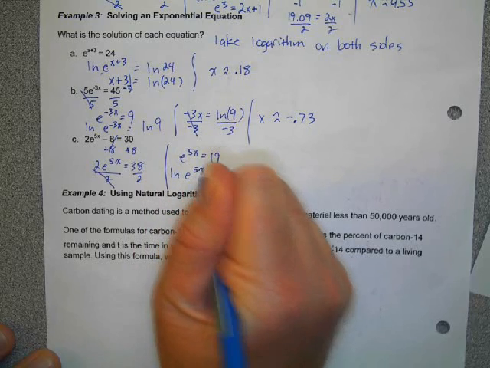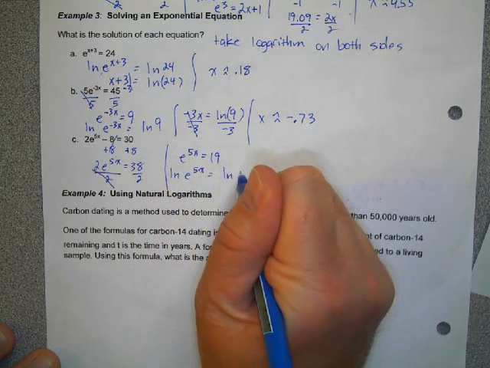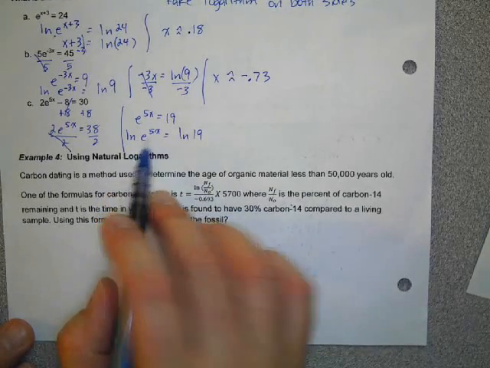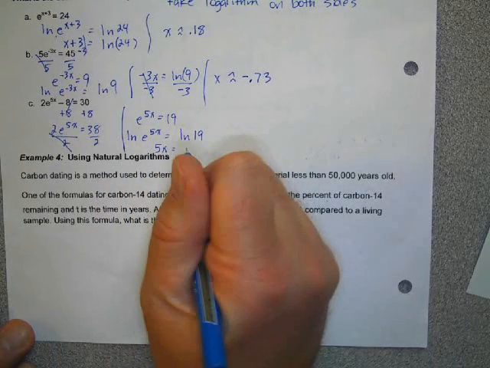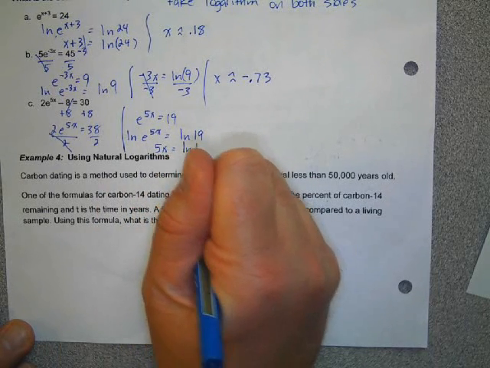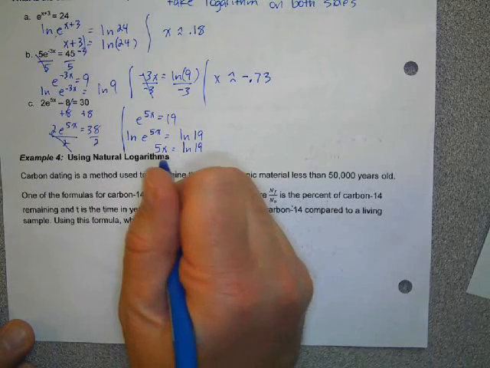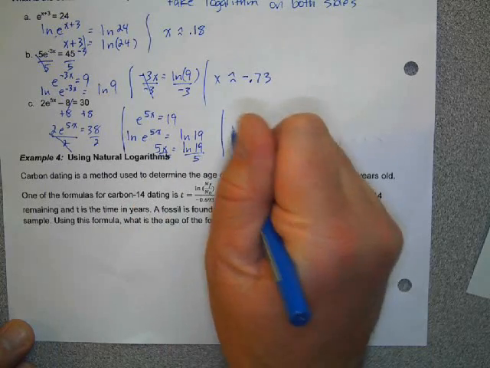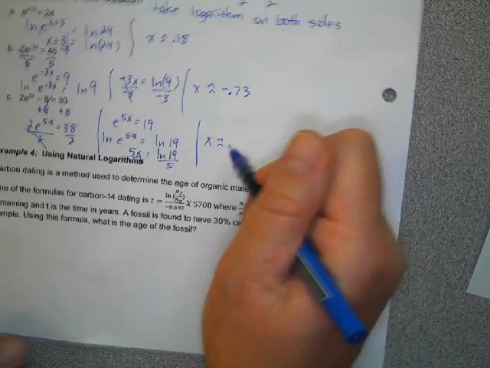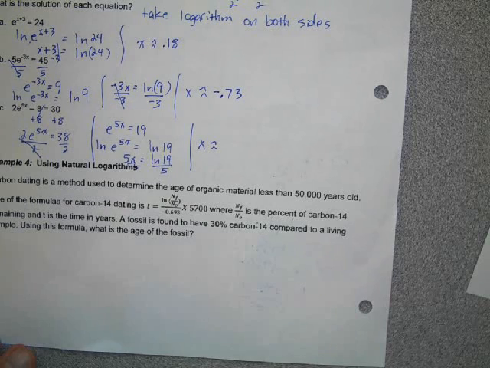The e's cancel out, and you drop down your exponent, which is 5x in this case. 5x equals the ln of 19. Divide both sides by 5. Take the ln of 19, divide by 5, and you come up with, let's see, approximately 0.59.